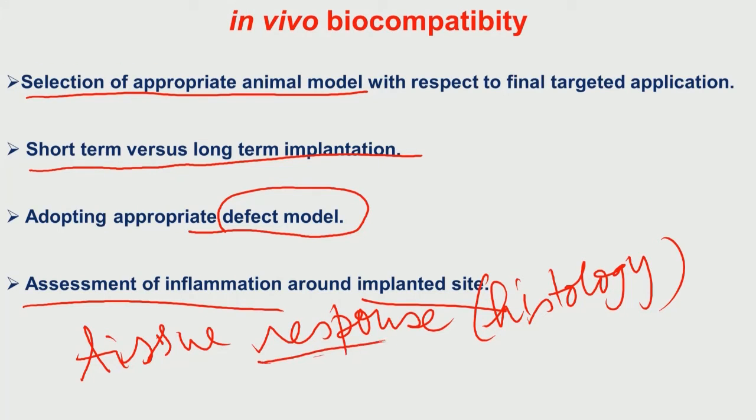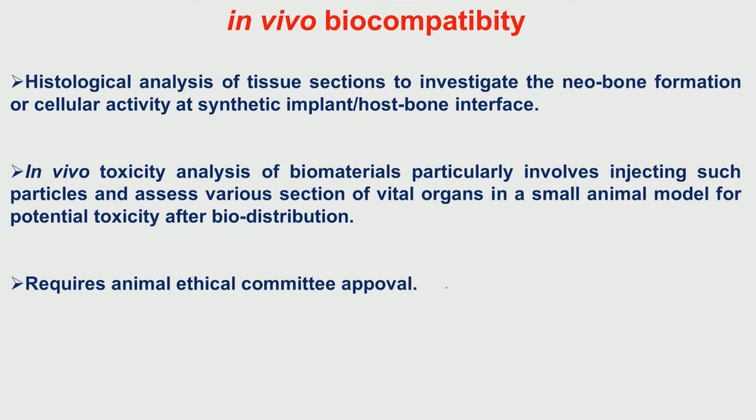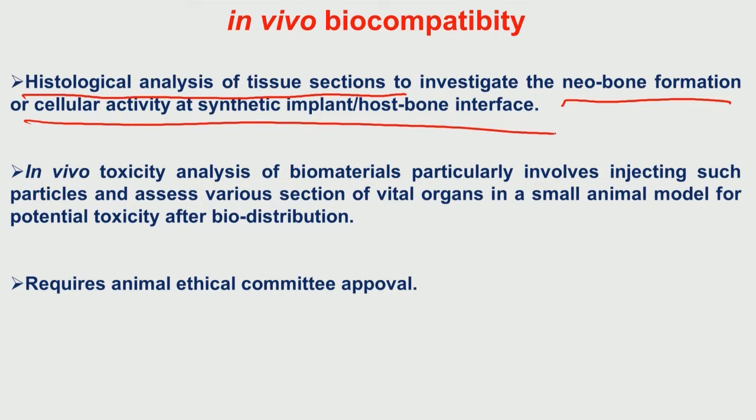This tissue response is important because there you can see whether an implanted material can cause toxicity to the cells in the neighboring tissue and so on. So, this point has been mentioned here: histological analysis of the tissue sections to investigate neobone formation or cellular activity at the synthetic implant and host bone interface needs to be conducted.